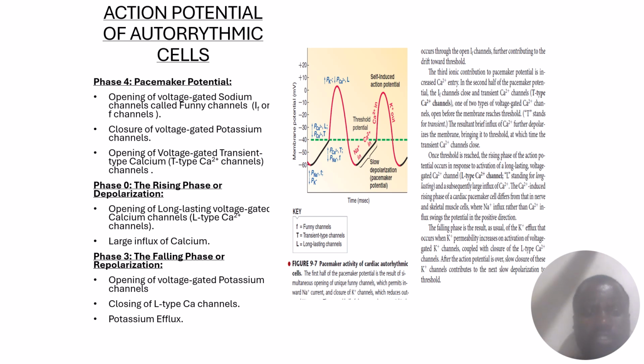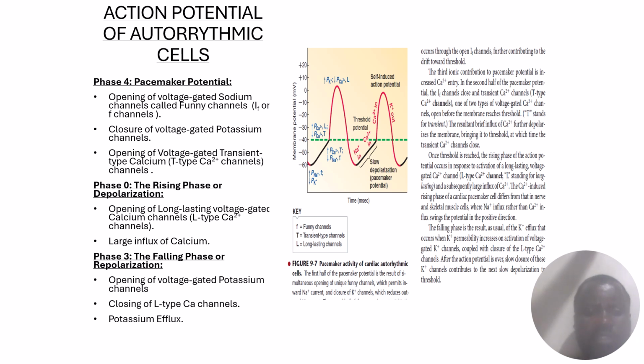This is different from autorhythmic cells, which do not undergo rest, such that the negative potentials always send them into depolarization. Around minus 60 millivolts, they are supposed to be at rest, but these potentials open what are called funny channels, or F channels. They are called funny channels because they are opened by negative potentials, while in the rest of the cells, negative potentials cause them to hyperpolarize and go into rest.